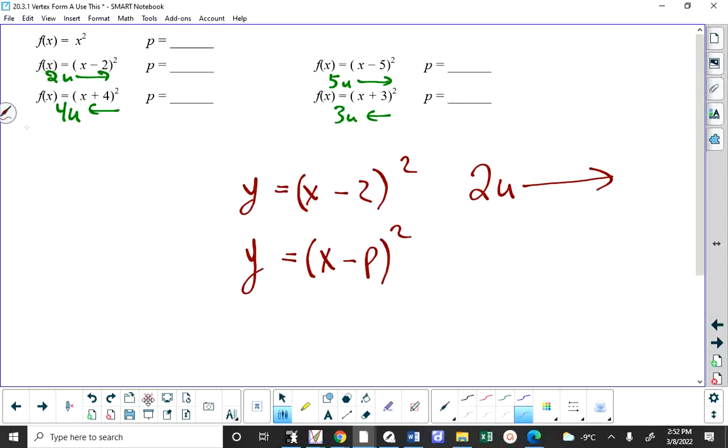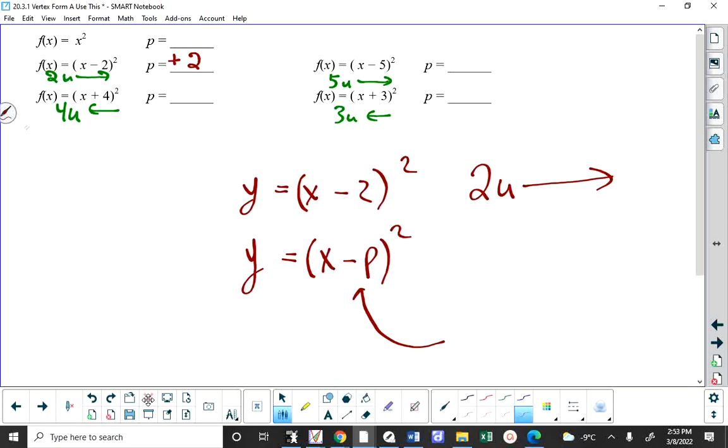So what number would I put for p right here so that we get y equals (x minus 2) squared? It's not a trick question. You'd put 2 there, wouldn't you? So p is 2 for this function, and 2 is a positive number, and that's why it shifts to the right.